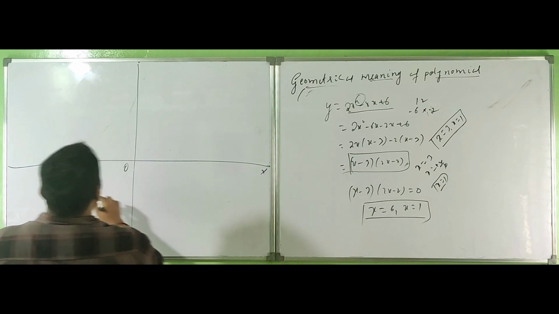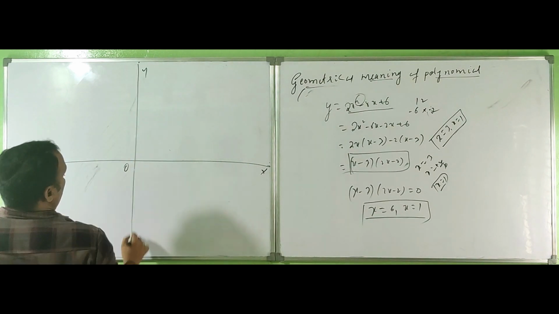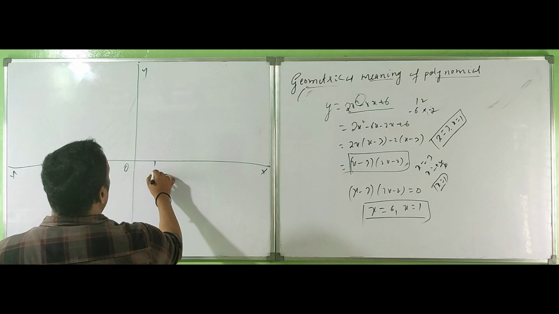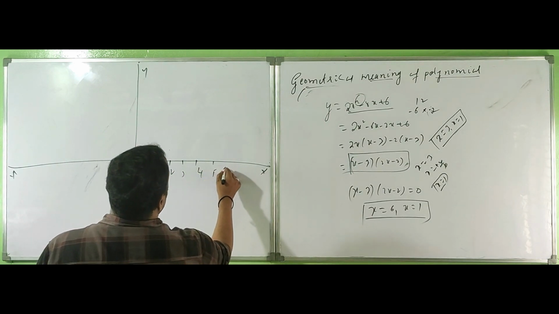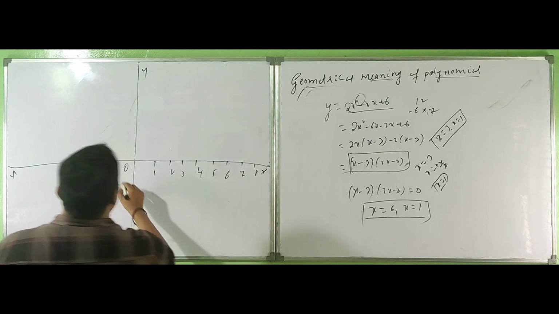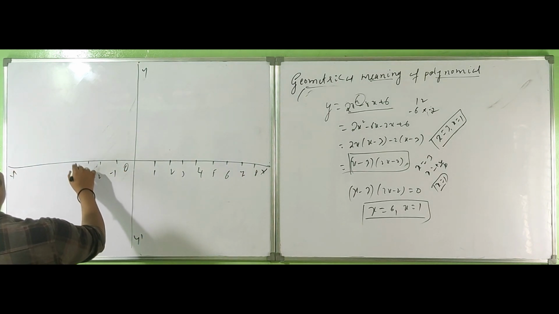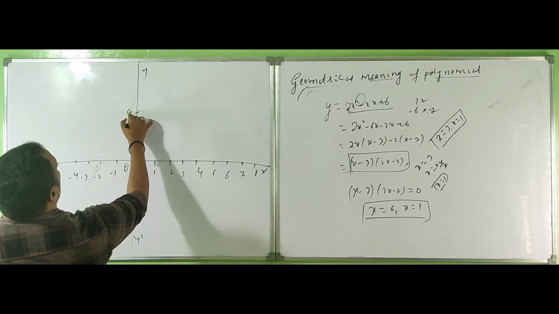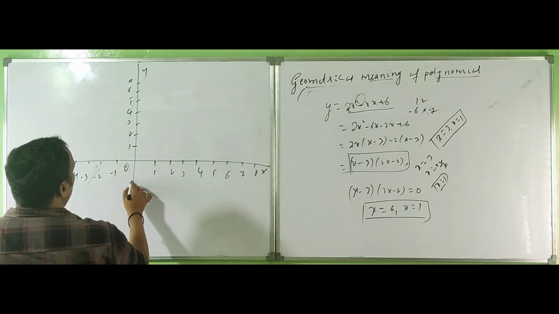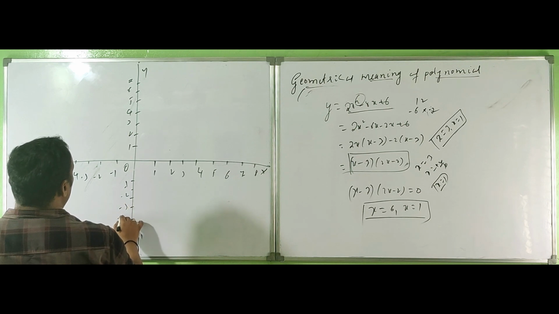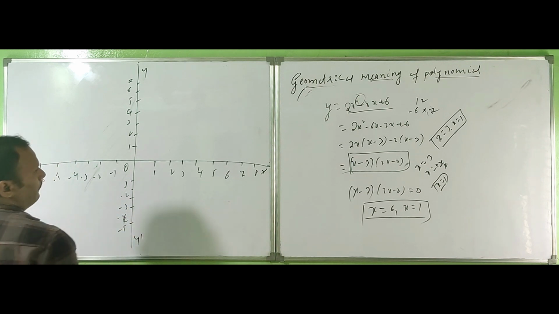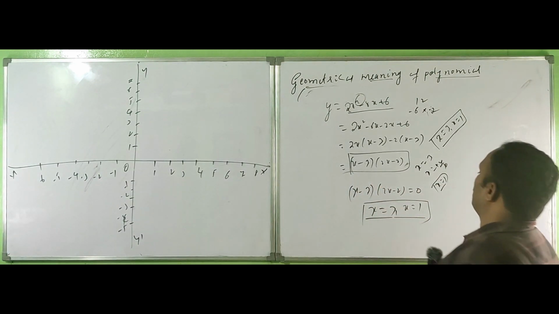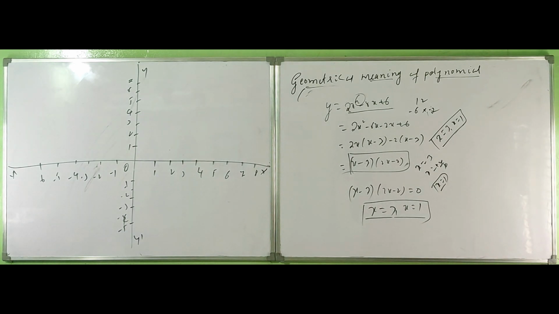On the graph, with axes x, x dash, y, y dash, we mark the points 1, 2, 3 up to 8 and minus 1 to minus 6, and similarly on the other axis. x equal to 1 and x equal to 3 are the two values.